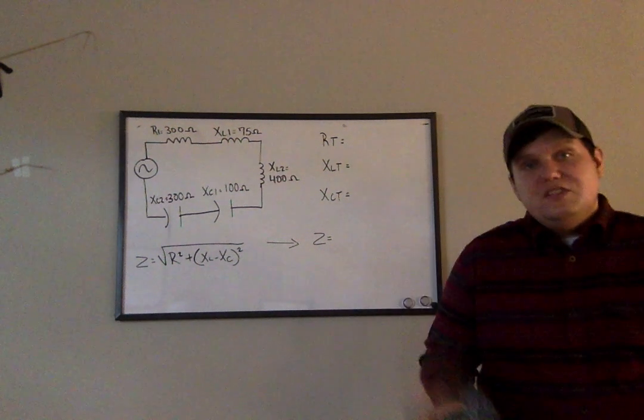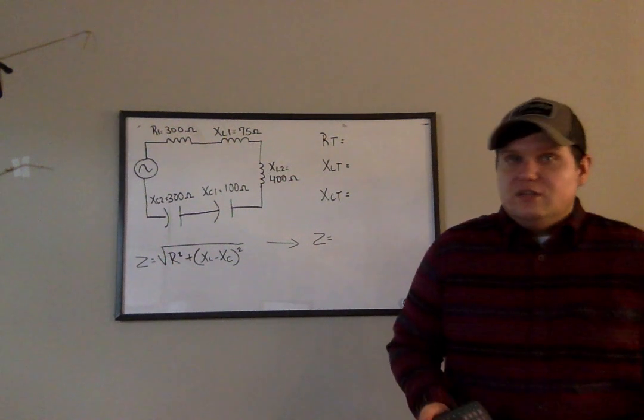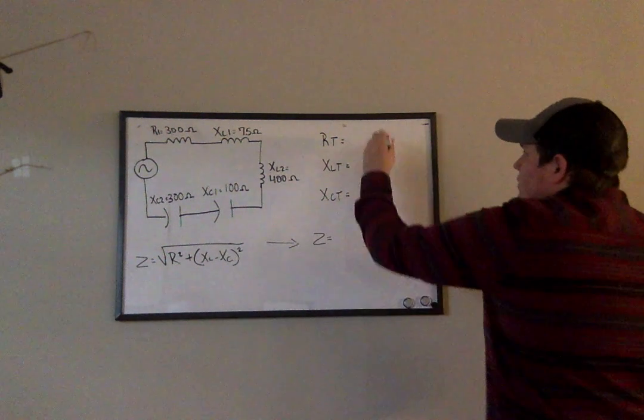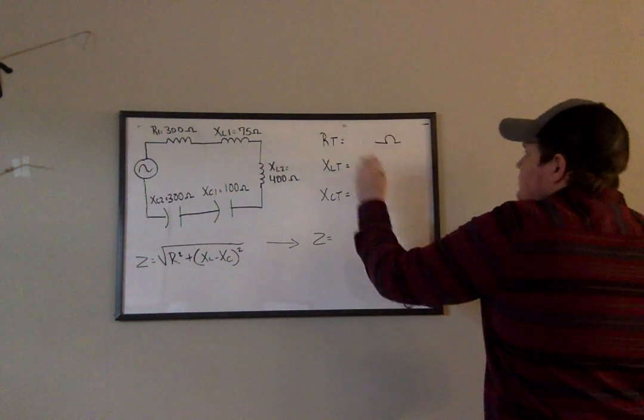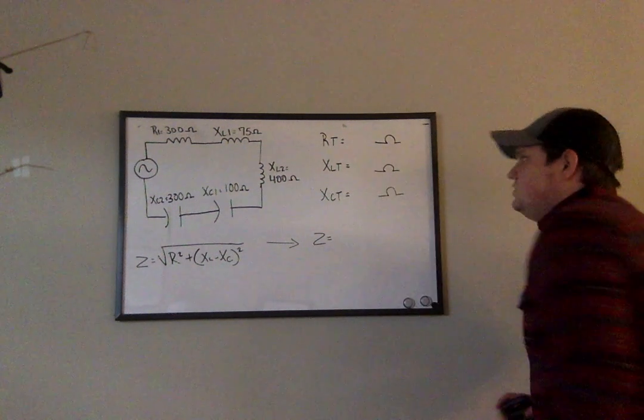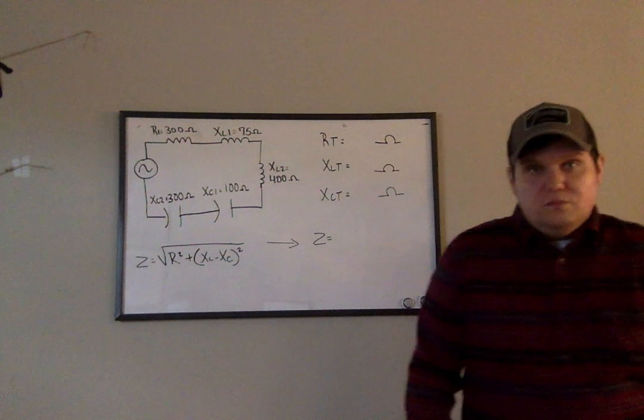Okay? So let's think back to our rules of a series circuit when we're thinking about ohms. Because remember, all three of these are part of that impedance triangle, which is going to be measured in ohms.